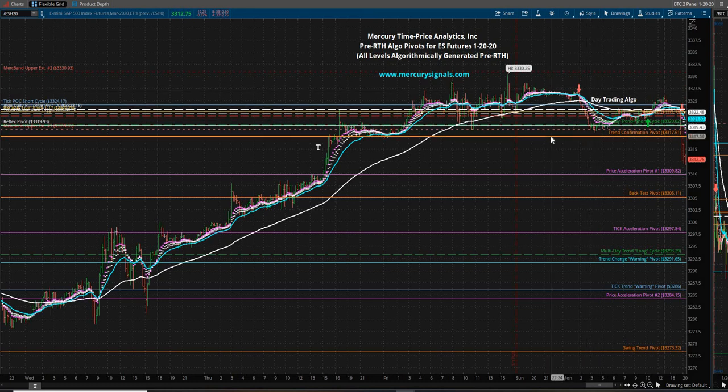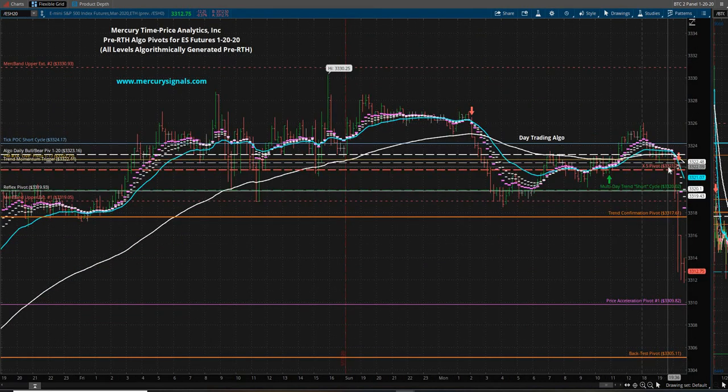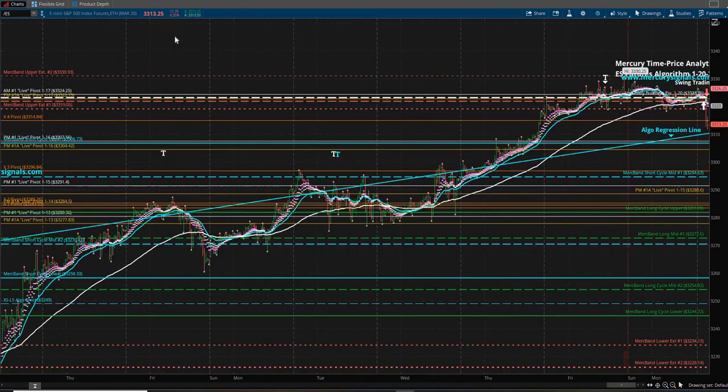But what it also does is it allows you to get the maximum profit out of the position, because when these moves happen, either down or up, you've got multiple algorithmic pivot levels that you can take profits. So just in this little move that started 45 minutes ago, you could have taken partial profits here or here or here. And now we're coming down into the algo regression line that I mentioned earlier.